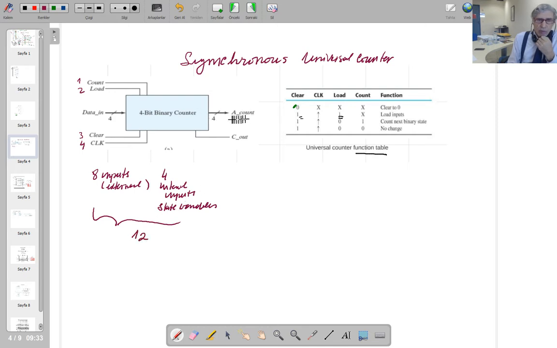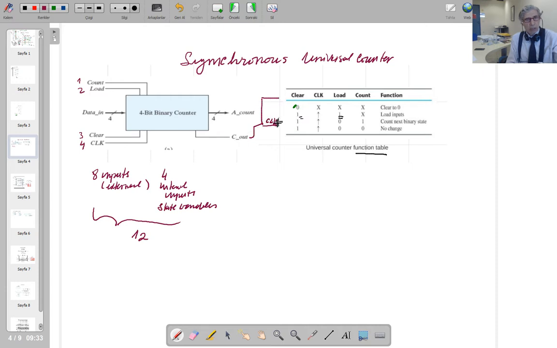The number of outputs, you've got 4 outputs as counting, and you've got a count out as well. This is a count out, as I explained before. When you count up to 15, you're going to get another one here to make the clock input for the next integrated circuit. That means you're continuing the counting. So in here, you're counting up to 15.